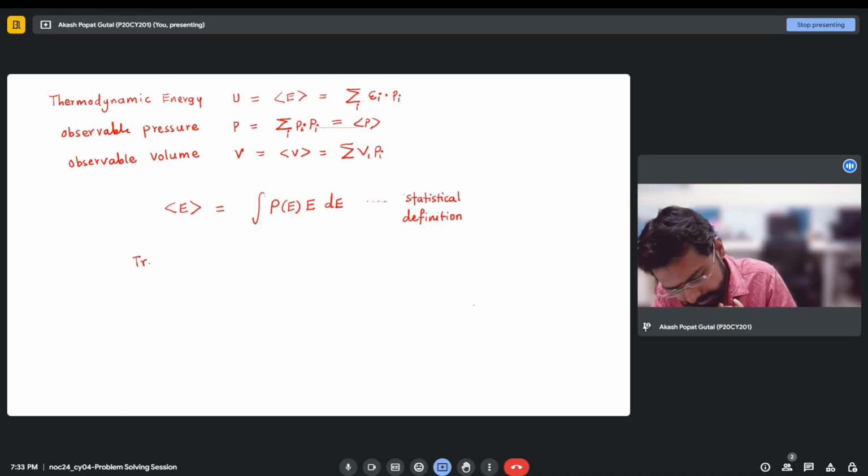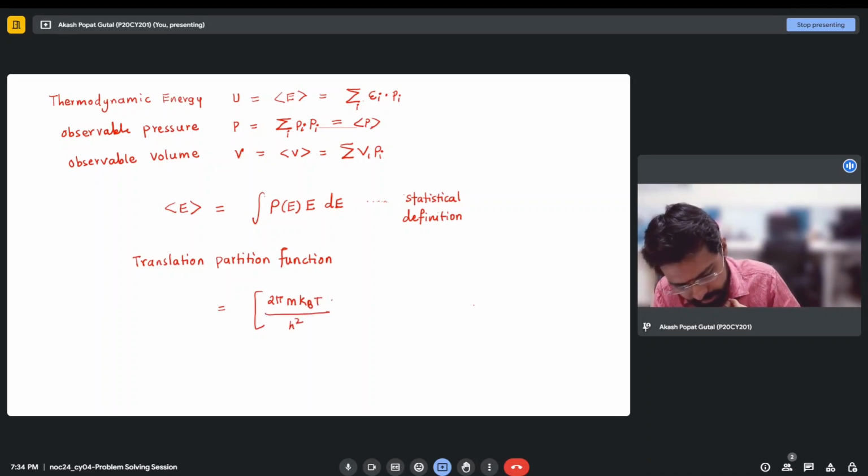I will directly write its equation: (2 pi m kBT by h square) raised to 1/2 into L, and this is for only one dimension.